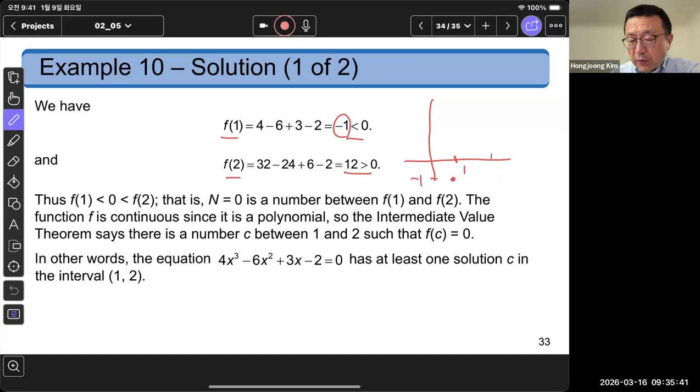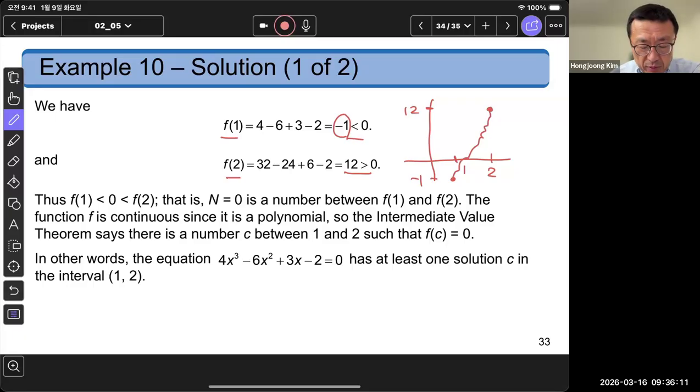Now I know that my function f defines a polynomial, which is continuous. So the graph of the function f must be connected between f of 1 and f of 2, meaning my function must be continuous between 1 and 2.